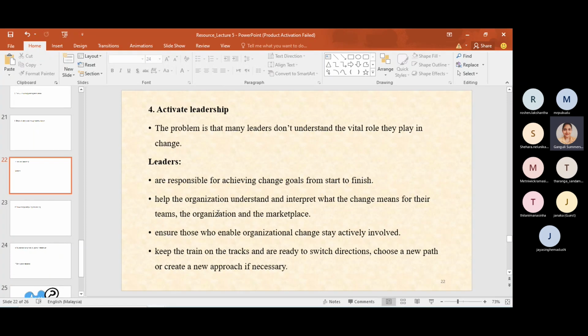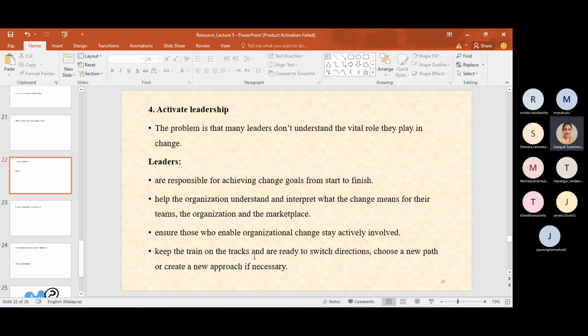Active leaders are the people who help the company understand what this change is about, why we are doing this change at this particular time, what we are getting in return, and what risks we might face because of this change. All this information should be conveyed to the employees or the workers.